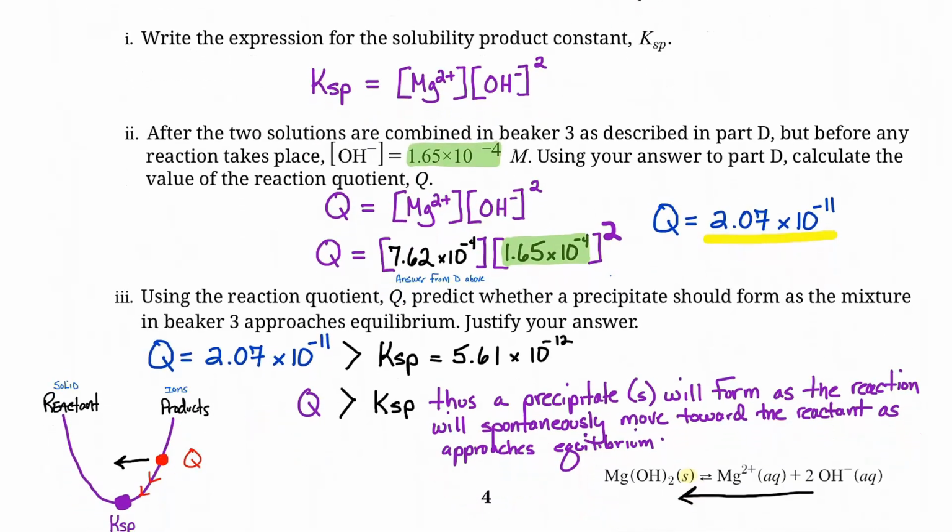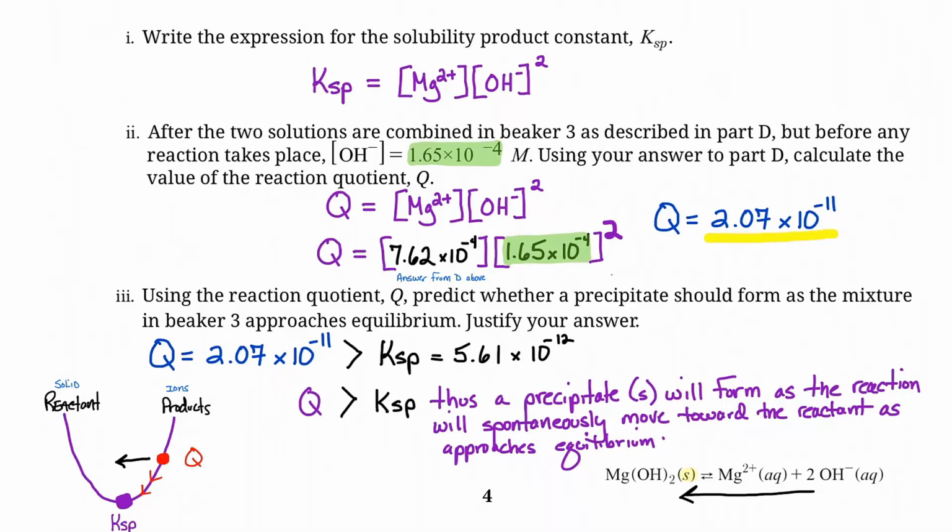So we're going to take our Q and compare it. And we can see that 2.07 times 10 to the negative 11 is bigger than 5.61 times 10 to the negative 12. So I know that Q is greater than K. And right away, if Q is greater than K, and we call it KSP for this type of reaction, a precipitate will form.